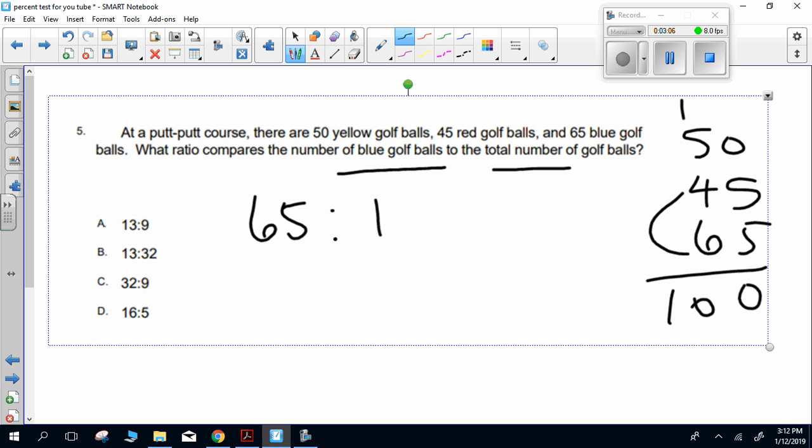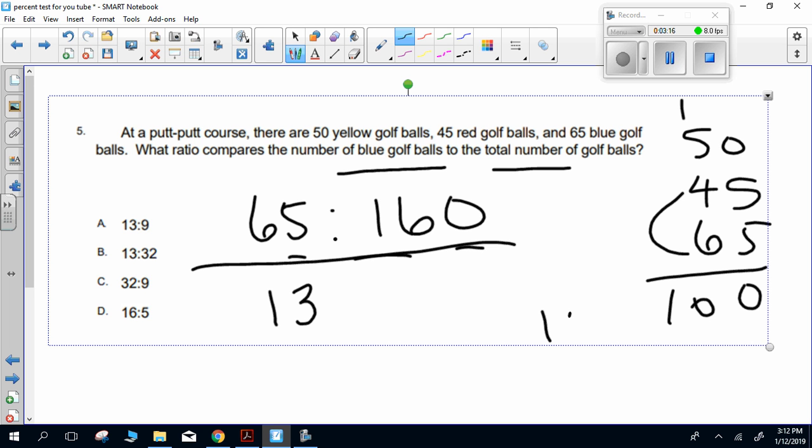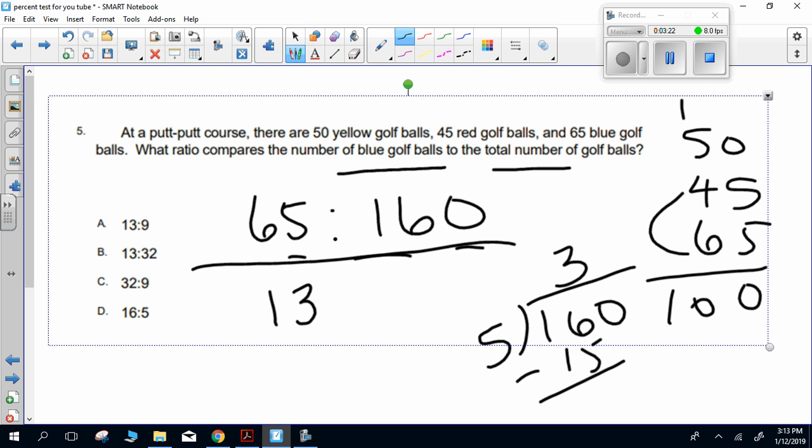So it's 65 to 160. This ends with a 5, this ends with a 0, so I can divide each of them by 5. 65 divided by 5 is 13. 160 divided by 5 is going to be 32. So it is this ratio.